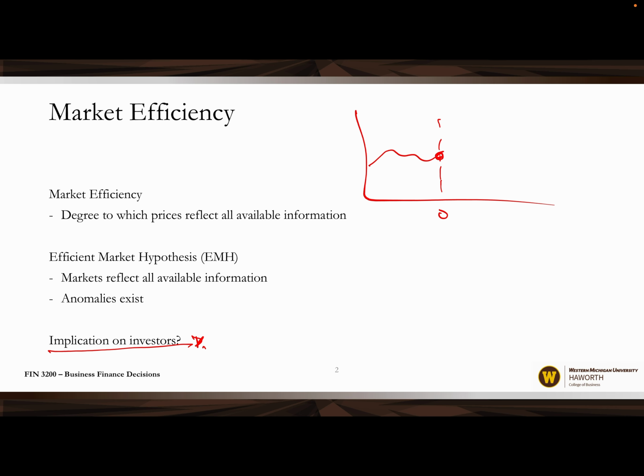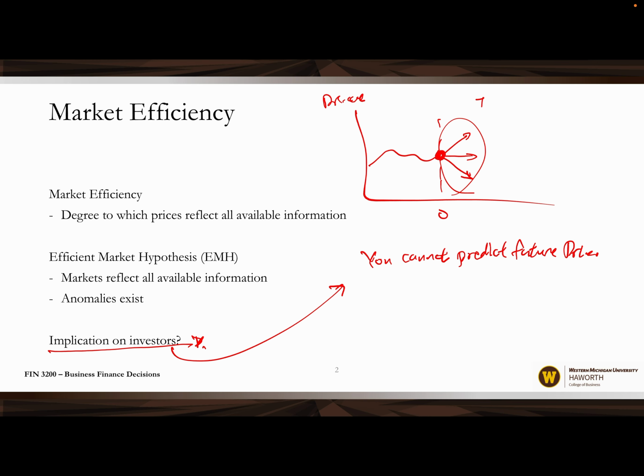Since the current price reflects all information about the firm, basically what it says is you cannot predict the future price. Whether this will go up or sideways or down actually depends on the information that will come into the market in the future.